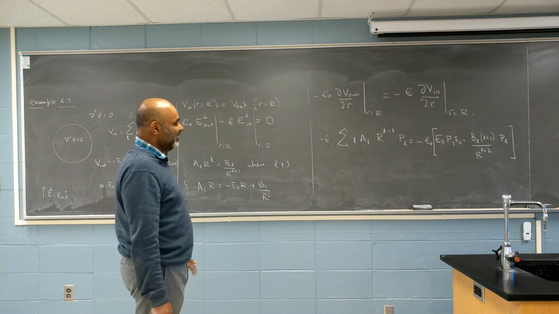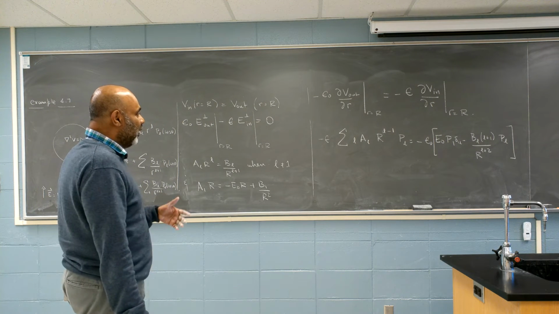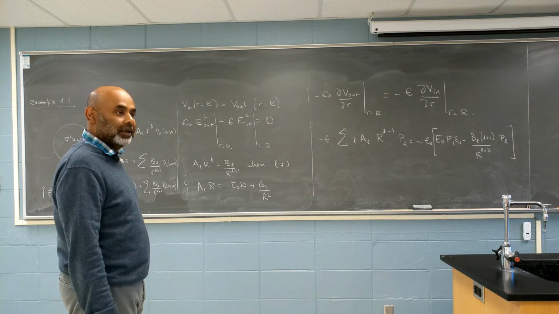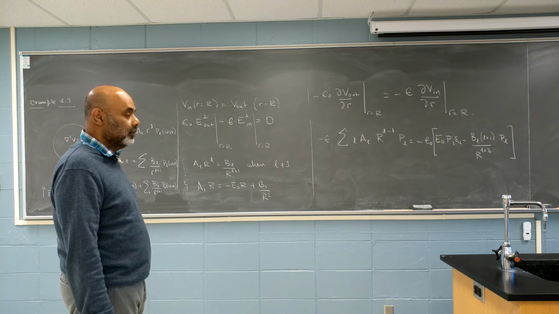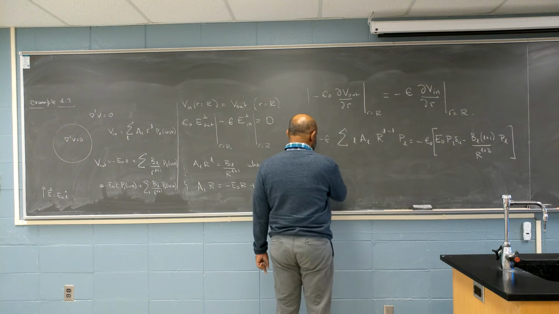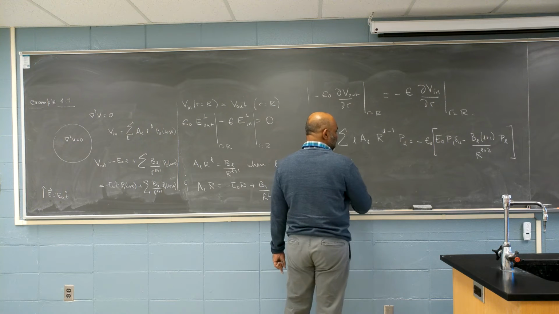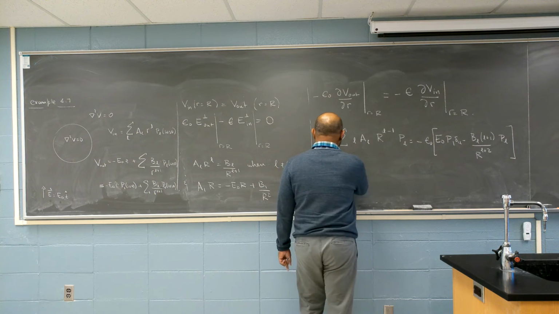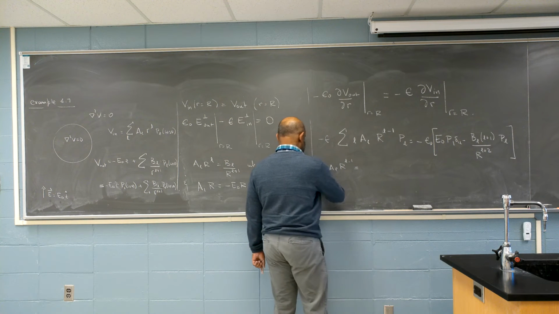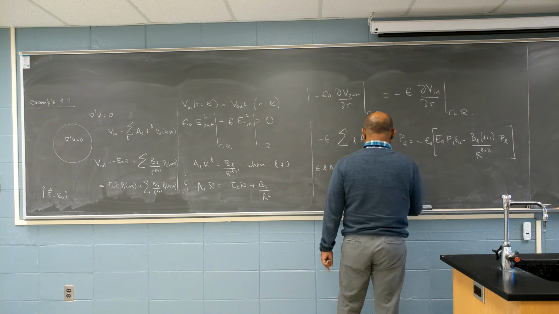Thank you. But obviously this breaks down to two cases: L equals 1 and L is not equal to 1. When L is not equal to 1, I get L, A_L, R to the L minus 1 equal to epsilon naught, and I'm going to cancel the minus sign, but there's a minus over here.